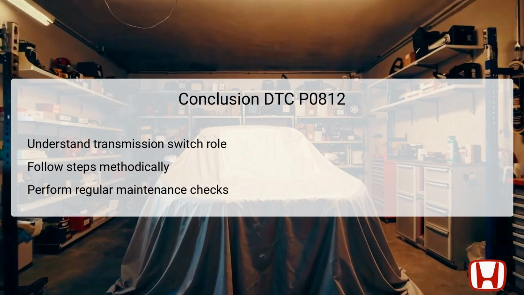From verifying initial conditions to testing continuity, each step plays a vital role in identifying the fault. Additionally, regular maintenance checks cannot be underestimated, as they are pivotal in preventing future issues. By adhering to these recommendations, vehicle owners can minimize the risk of similar trouble codes emerging and ensure their Honda Pilot operates smoothly and reliably.